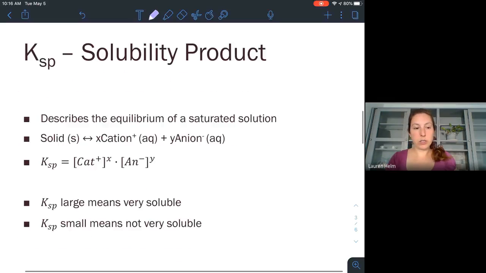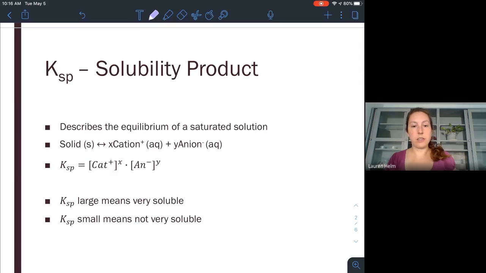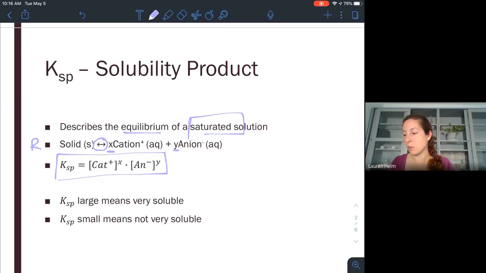So we can talk about our solubility product as a constant and describe what that's going to look like. Our Ksp describes the equilibrium of a saturated solution. If we describe our saturated solution as the following reaction: some solid in equilibrium with its cation, noting any coefficient, which is aqueous, and the anion, again with any coefficient, which is aqueous as well, then our solubility product expression, our Ksp, will always be written as the cation times the anion.